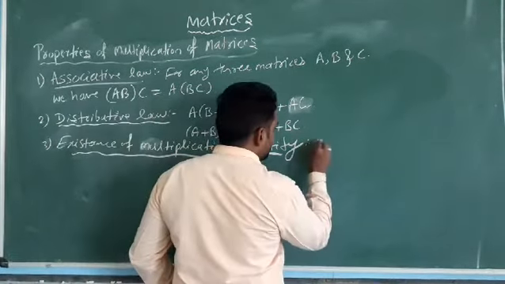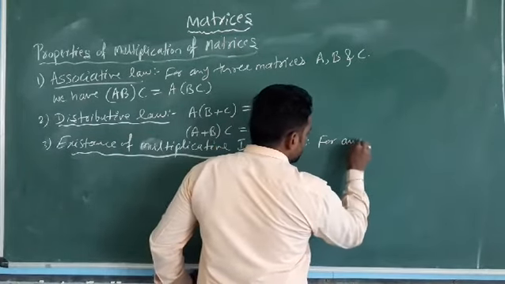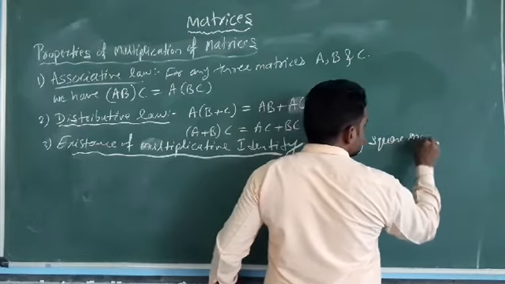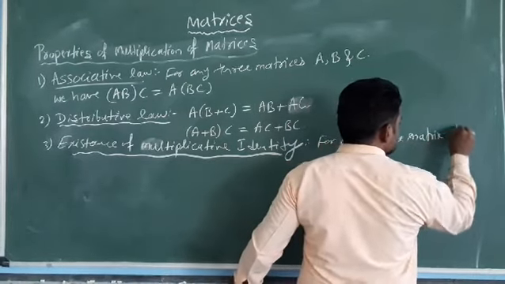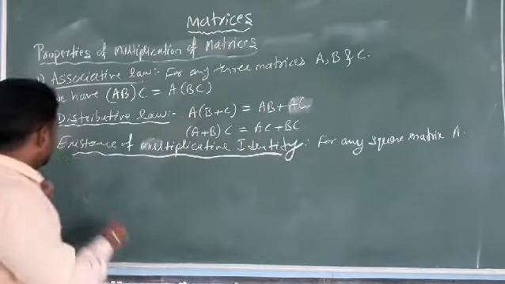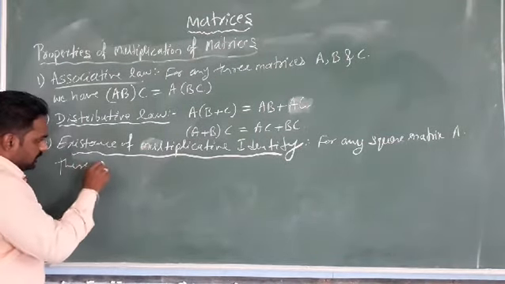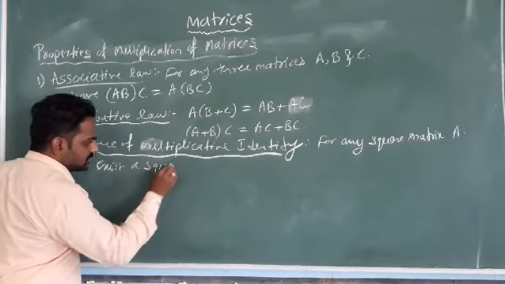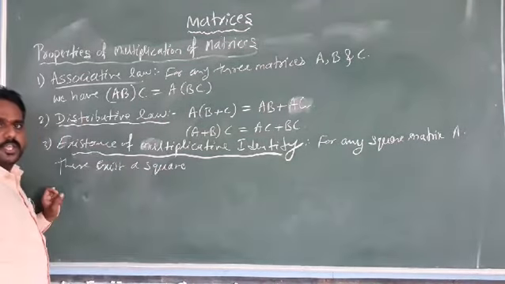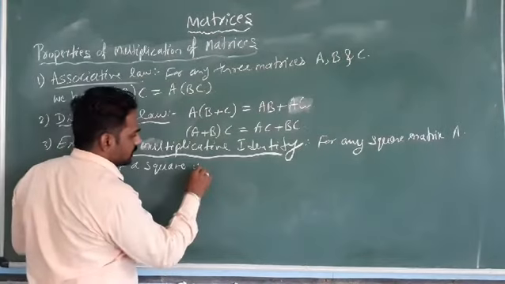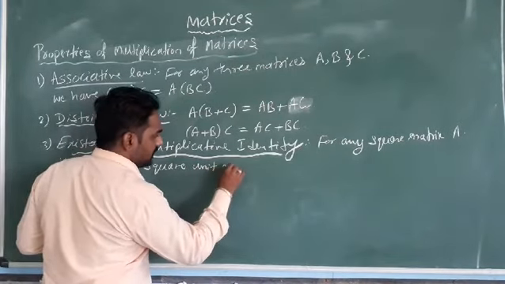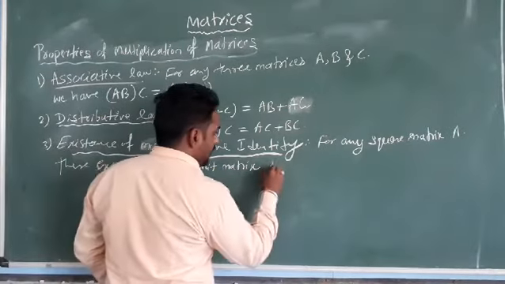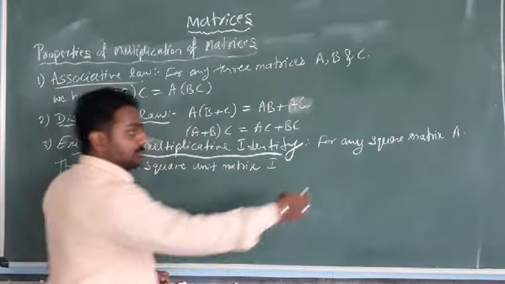For any square matrix A, there exists a square unit matrix I of the same order.